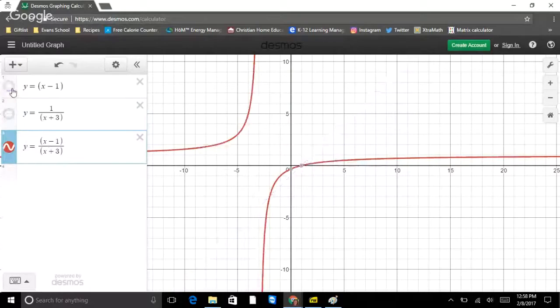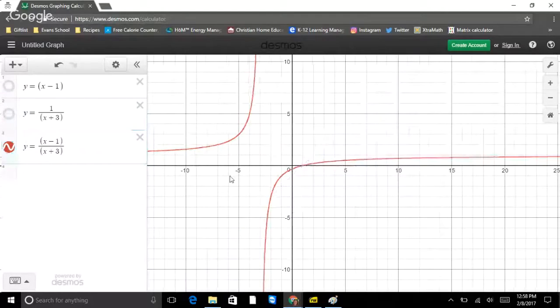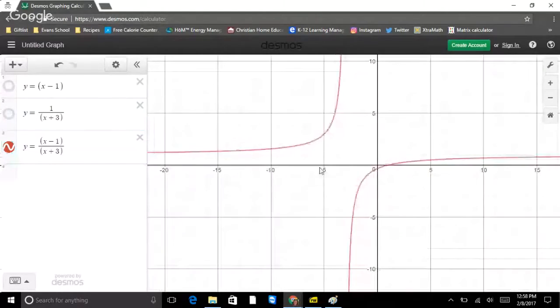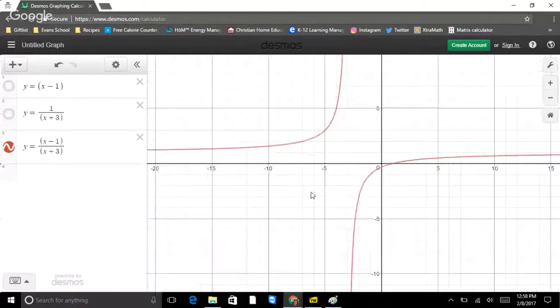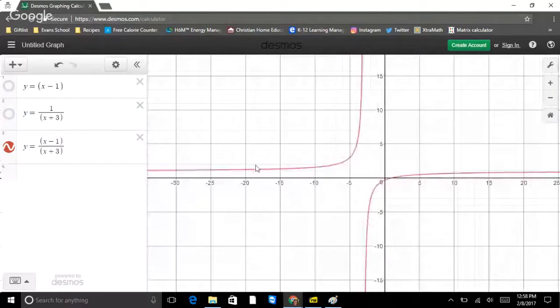So let me hide these other two. Here is my combination of the two. Let me play with my asymptotes a little bit. I still have a hyperbola, right? Let's see where the asymptotes of these equations are. Maybe I'll zoom out a little bit so I can play with it.